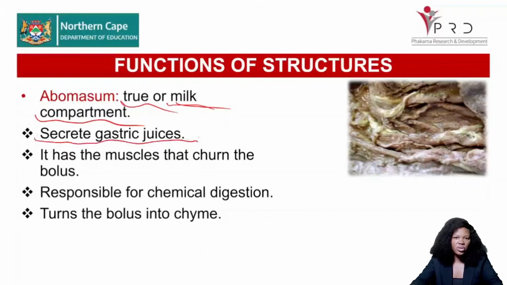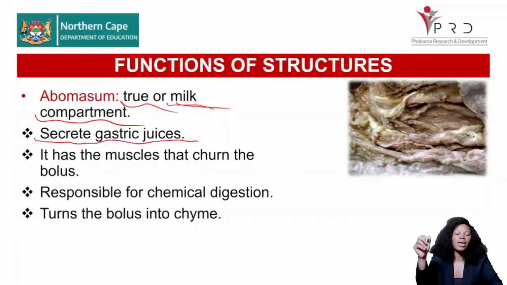In the proventriculus, gastric juices are also secreted. Why? Because these 3 structures function the same. The simple stomach functions the same way as the proventriculus of a fowl, and the proventriculus of a fowl functions the same way as the abomasum of a ruminant.